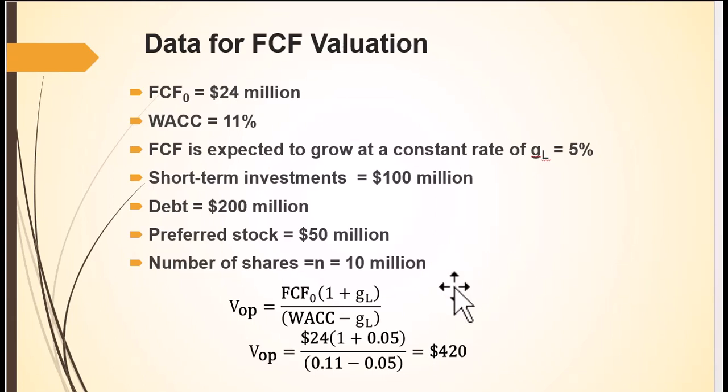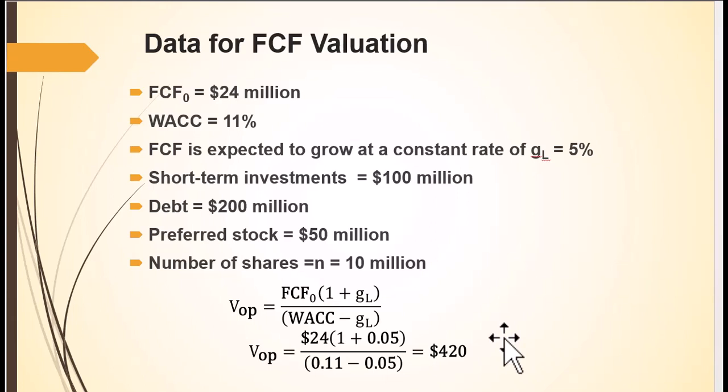So how do we find the value? Solving for value here, 24 million times 1 plus the growth rate divided by weighted average cost of capital minus the growth rate. This company has a value of $420 million.